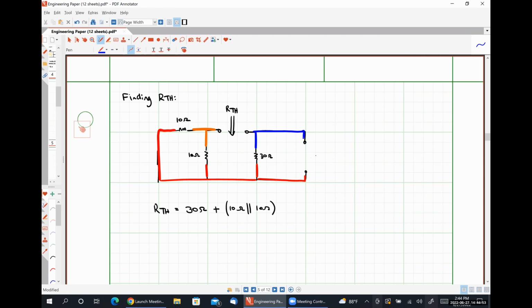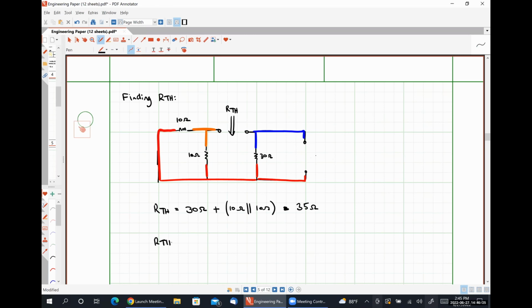Between orange and red, we see 10 in parallel with 10 is 5, and then between red and blue, we see 30. And that gets us from our orange node to our blue node, which is the terminals that we're looking in between. So this to me looks like 35 ohms.